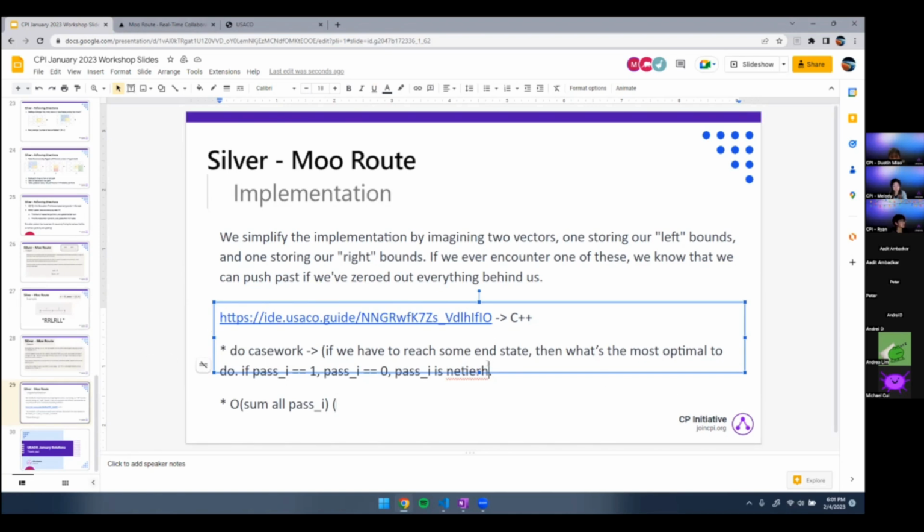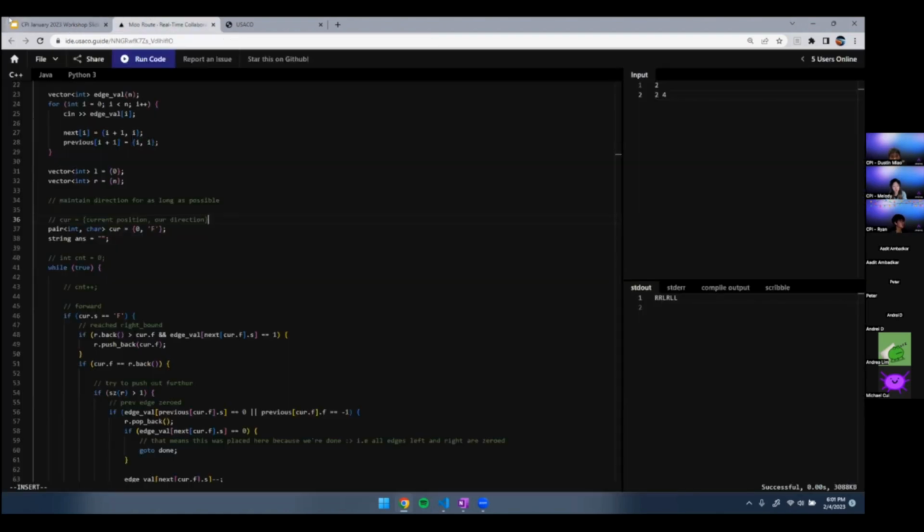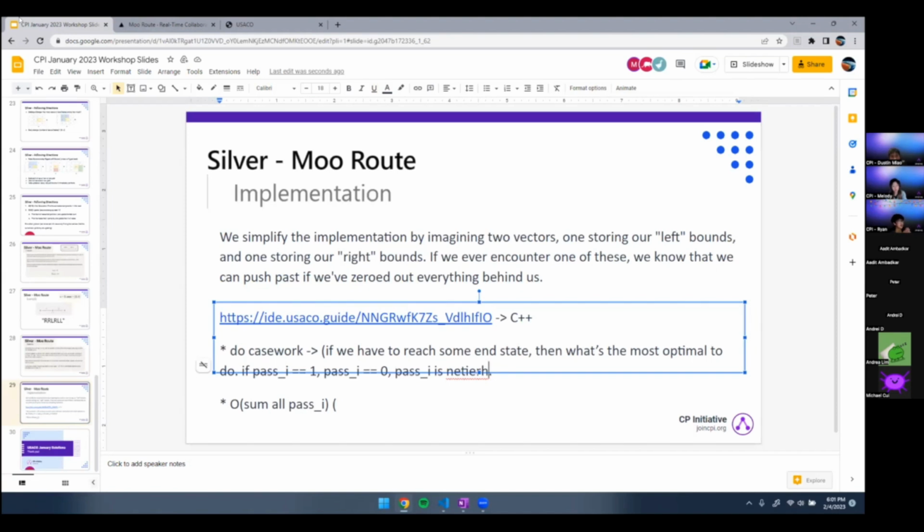So just see, if we're trying to minimize or maximize something, if I don't want to increase the cost, then what should I do? Or if I want to keep the cost at the same point, then what should I do? So just keep that in mind whenever you're solving a silver problem, and hopefully you'll get some ideas.